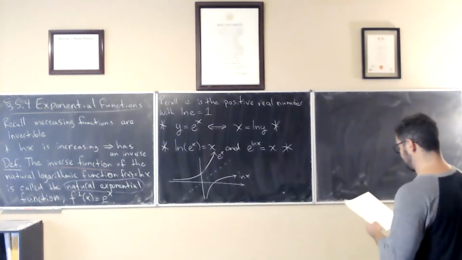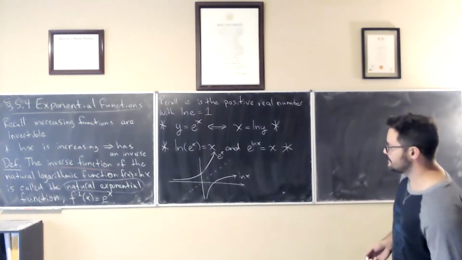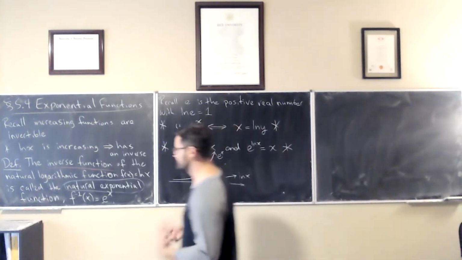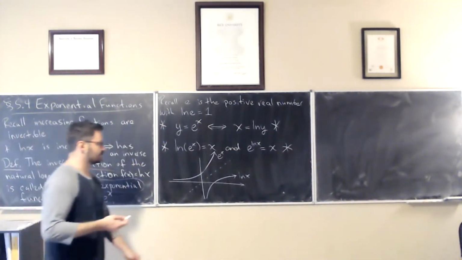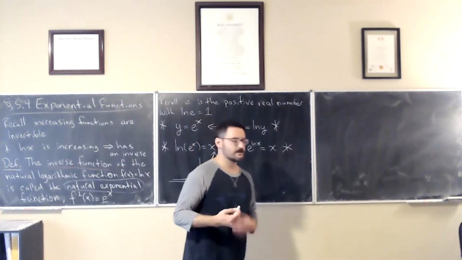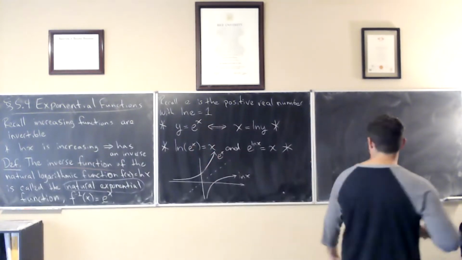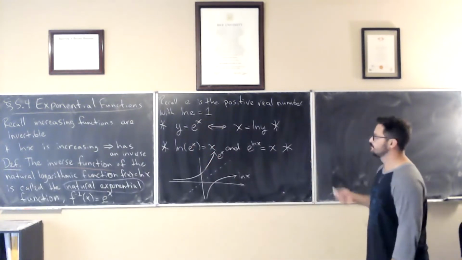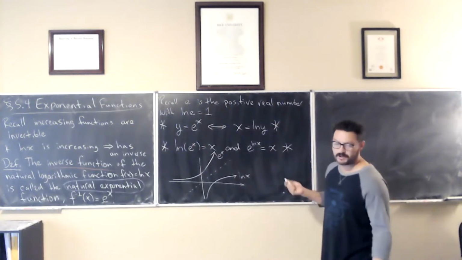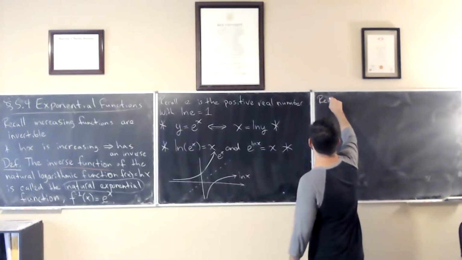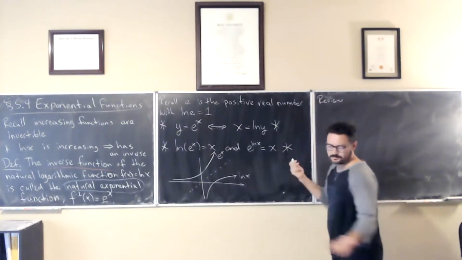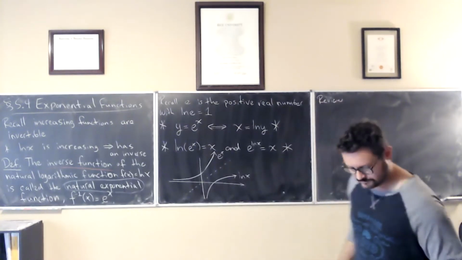All right, so maybe before getting to the calculus of the exponential function, i.e. the derivatives and the integrals, maybe we can review some algebra involving these functions. So maybe review two problems.